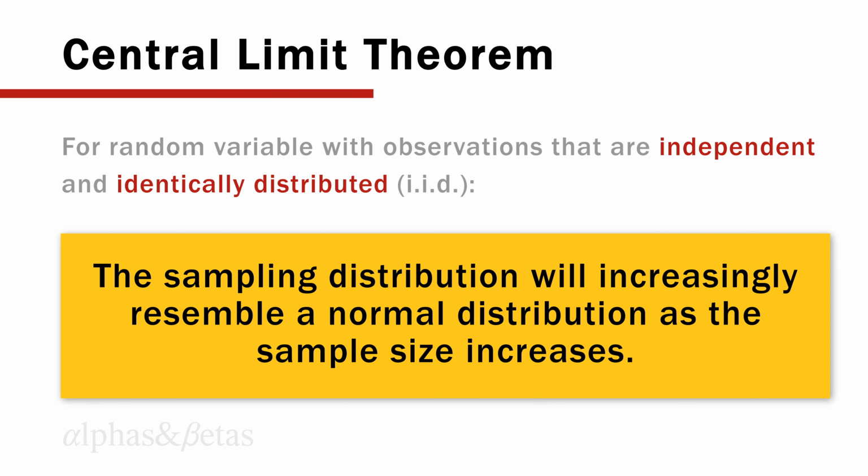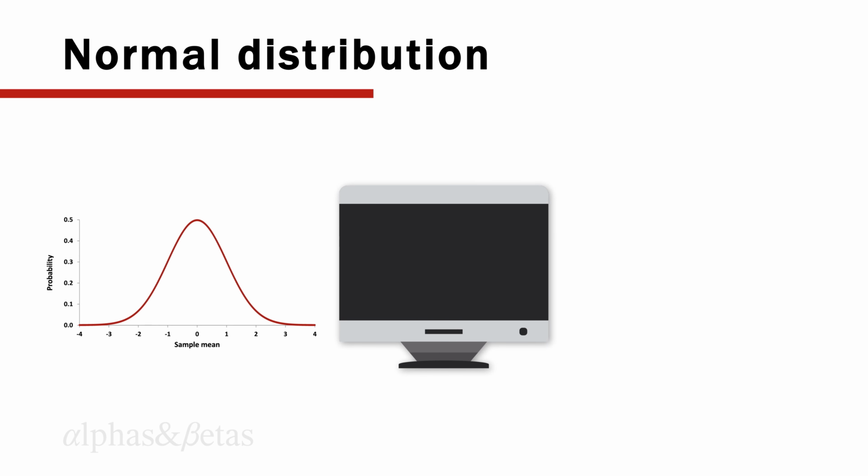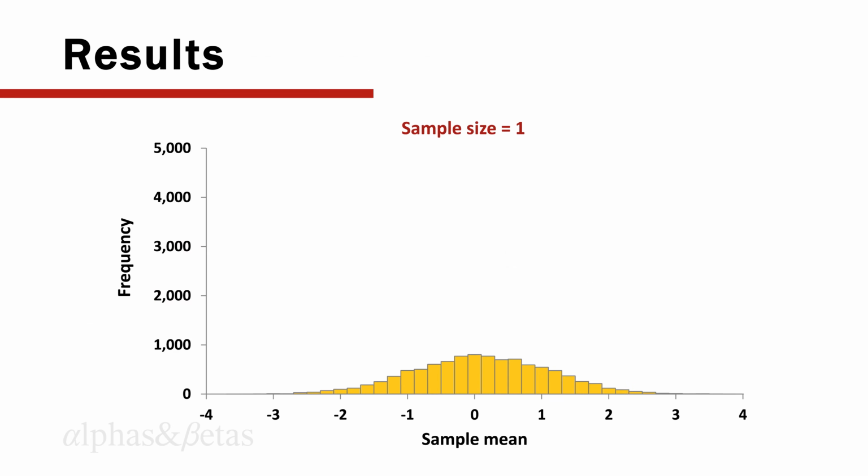Let's look at the CLT in action. Here's a normal distribution. We could simulate drawing random samples from it. We ask the computer to draw 10,000 observations. This is the sampling distribution for a sample size of 1. What if we draw 2 observations at a time and average them?